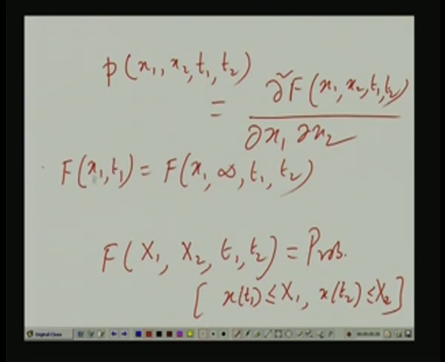Because this is joint distribution, this is single distribution. In the case of joint distribution, if the other variable x2 lies below infinity, that covers all possibilities of x2. So obviously you get just the probability distribution function of a single random variable, not joint. This you have done earlier.